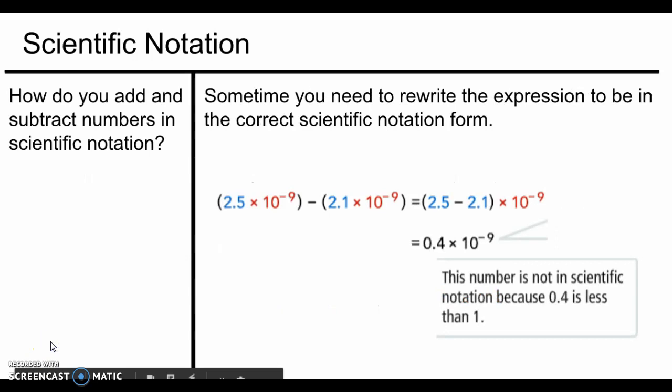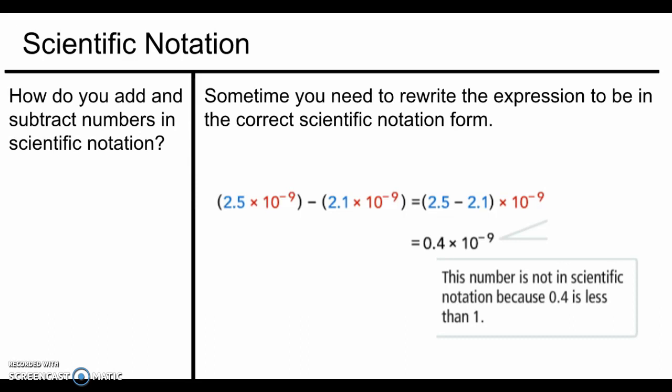Sometimes you need to rewrite the expression to be in the correct scientific notation form. For example, 2.5 times 10 to the negative 9th power minus 2.1 times 10 to the negative 9th power. Here we're going to subtract 2.5 minus 2.1, and that gives us 0.4 times 10 to the negative 9th power.